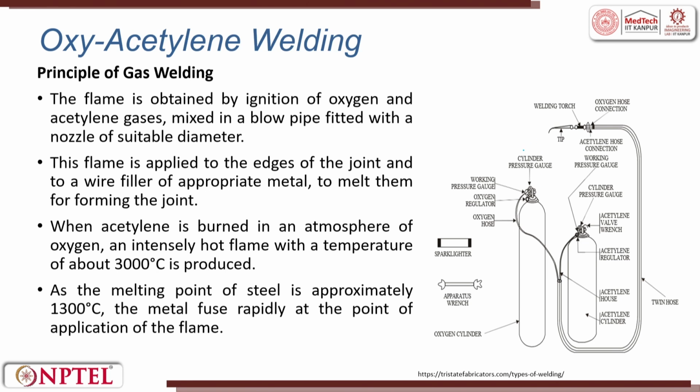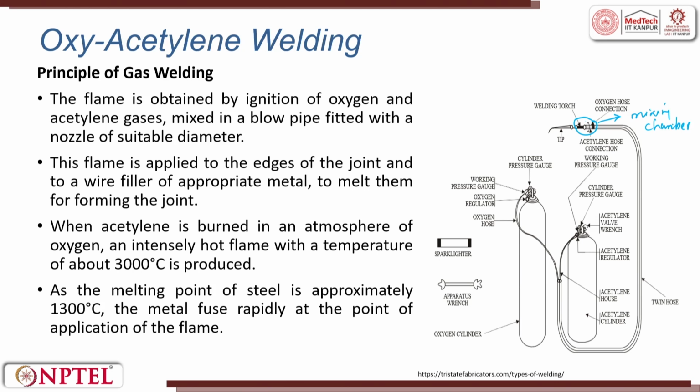So, you will have a cylinder, and then one more cylinder. These two cylinders we take, and before the welding torch you will have a mixing chamber, in which the flow of oxygen and the flow of acetylene can be individually controlled under pressure.